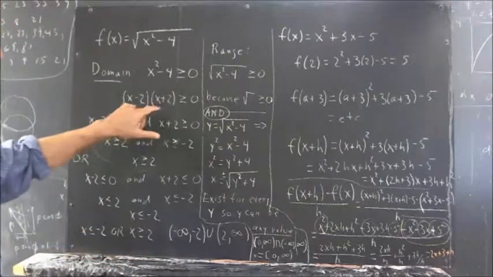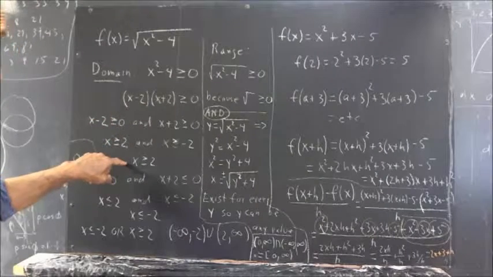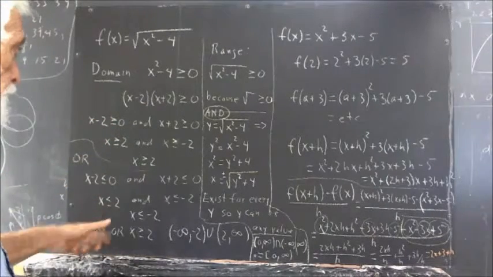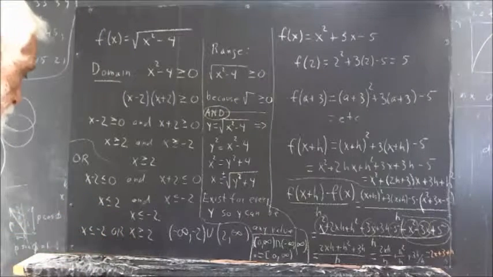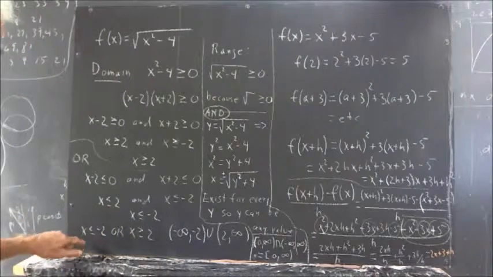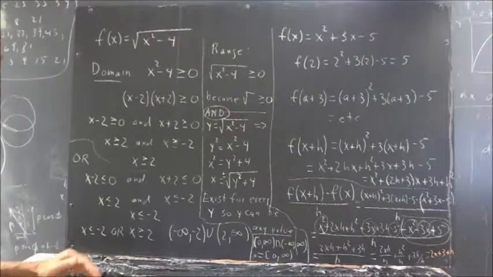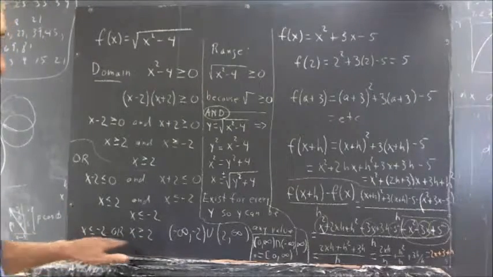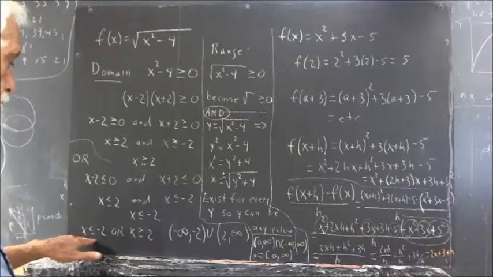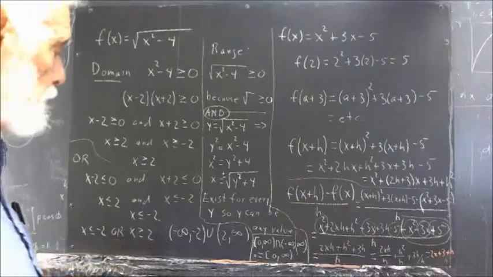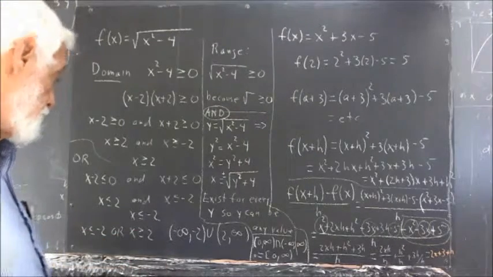Now, we could either have the condition that both of these factors are positive, which comes down to x greater than or equal to 2, or they're both negative, which comes down to x less than or equal to negative 2. So we have this combined solution, or this combined description of the domain: the set of all values of x that are less than or equal to negative 2 or greater than or equal to 2. We could express those in interval notation.